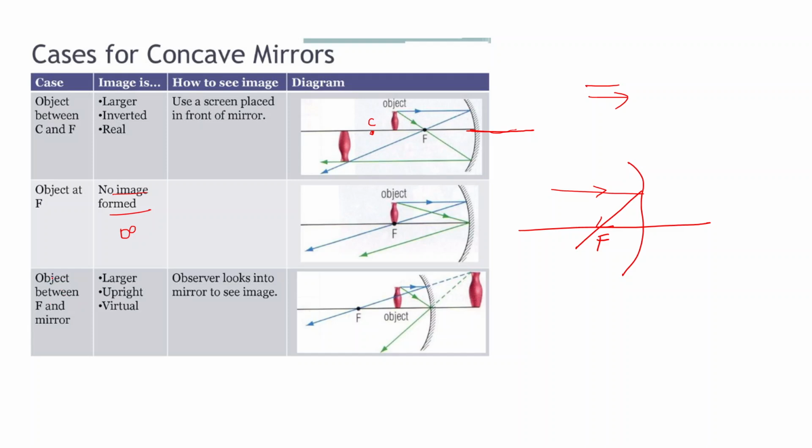We started with the case when the object was between C and F. The second case is when we brought it closer to the mirror, that is at the focus.